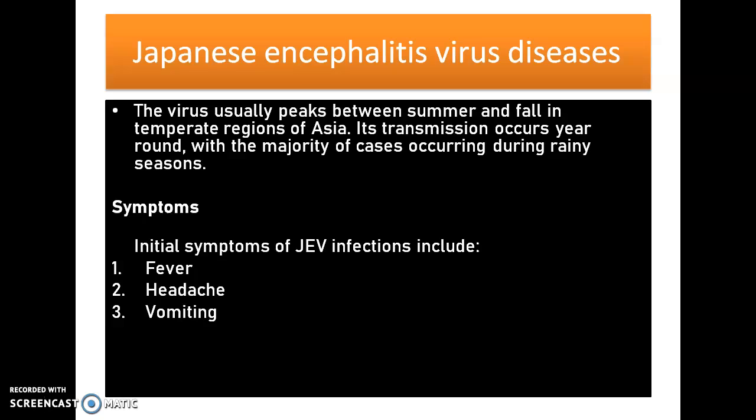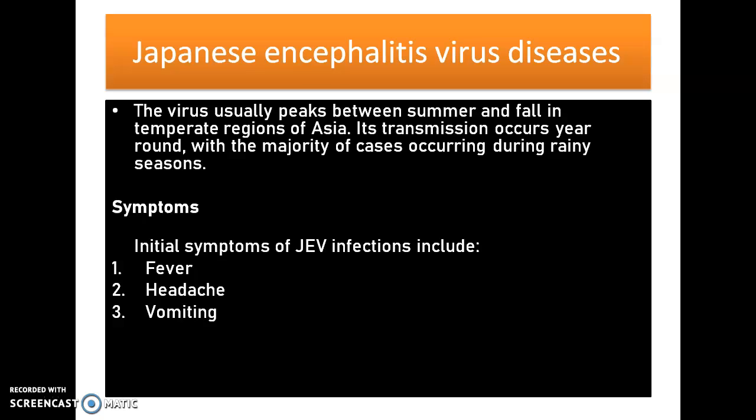This Japanese encephalitis virus generally peaks between the summer and fall in the temperate regions of Asia, and its transmission occurs year round, with the majority of cases occurring during the rainy season. So even though the virus peaks in the summer season, most spreading occurs during the rainy season. How can we identify this disease?